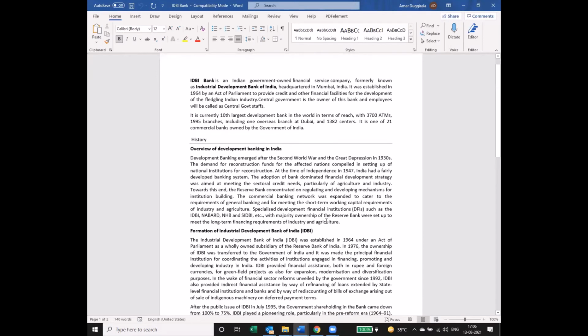The idea of an industrial development bank in India emerged after the Second World War. We were discussing last time that after the First World War, we had the Great Depression. Countries suffered with almost low or no revenue, with very high expenditure, no employment, poverty, and whatnot.